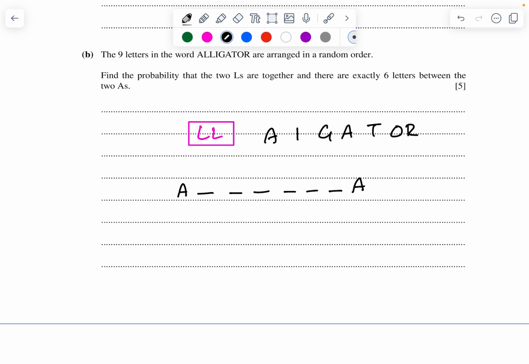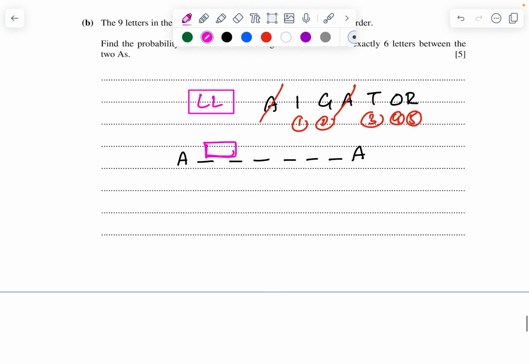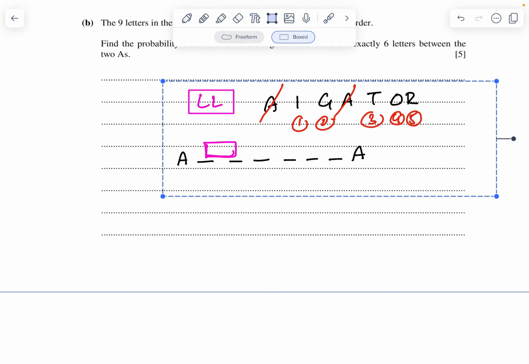The two A's are gone, so I'm left over only with 1, 2, 3, 4, 5. What should be there is the two L's. One of the two L's should be there, and I should be left over with 4 more over here, and it should be in such a way. So what is that way once again? See carefully.